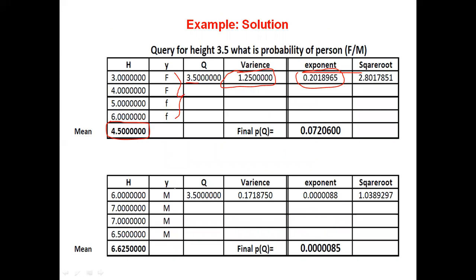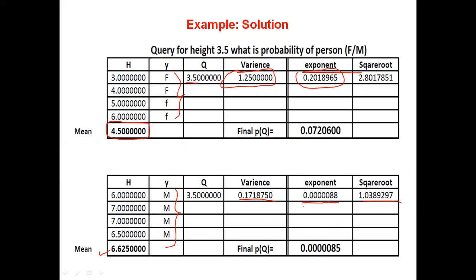After this, we calculated the probability of the query for the male class label. There are again 4 records belonging to the male class. Here we calculated the mean of all these values, then the variance, the exponent term, and the square root term.